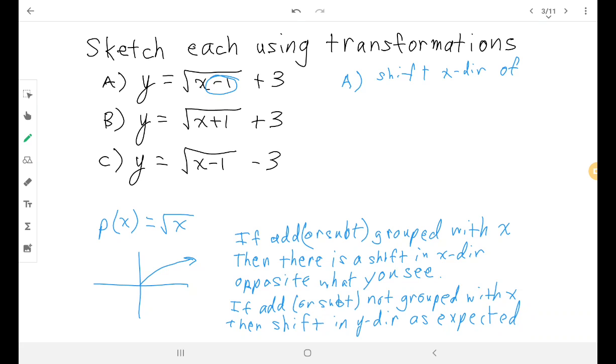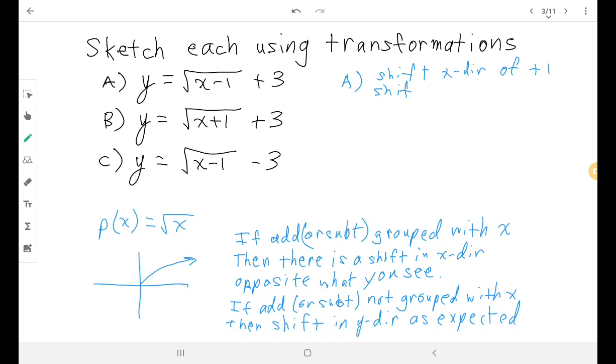So I see a -1, so the shift in the x direction is going to be of +1. That is, I'm going to move everything about this function +1 in the x direction, that meaning left and right, right? And then if I look not grouped with x, over here, that's how the y direction shifts.